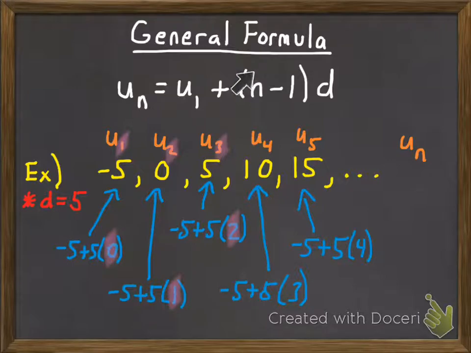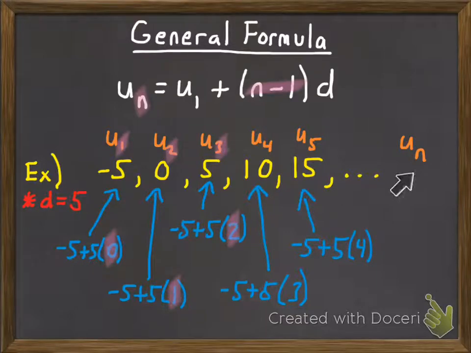And that's what this general formula for an arithmetic sequence is telling you. It says that you take the first term, whatever it is, and you add the common difference 1 fewer times than the term number that you were trying to find the value of. Notice the relationship here between the use of n and how many times you're adding the common difference. This number is 1 less than the term number every time.